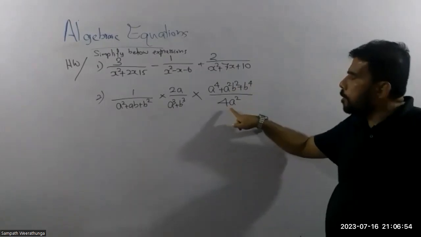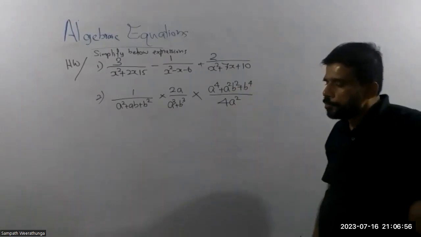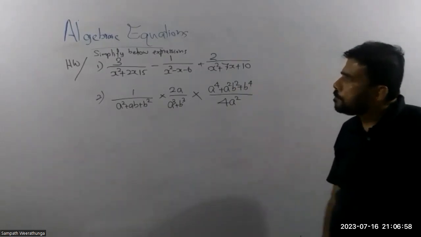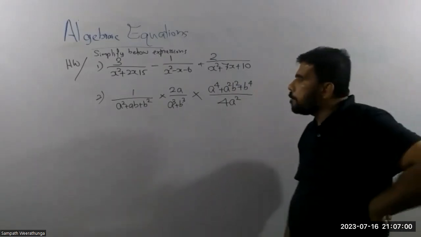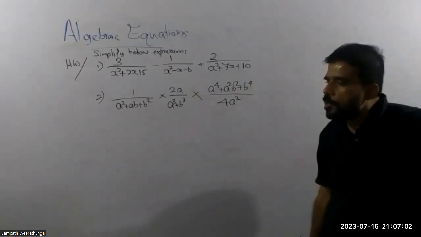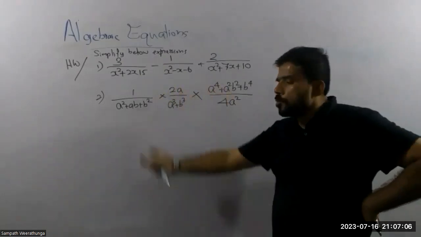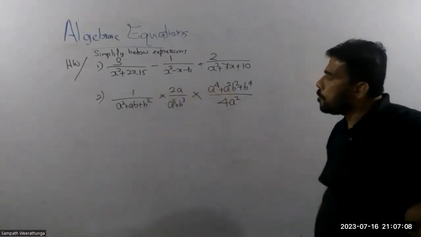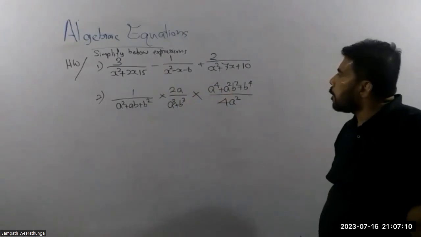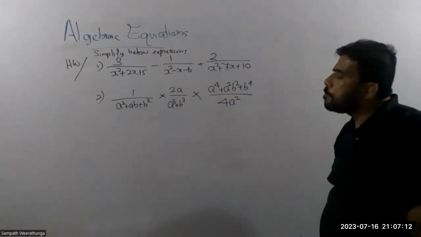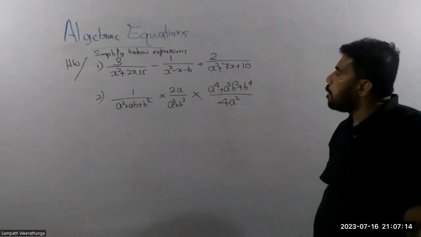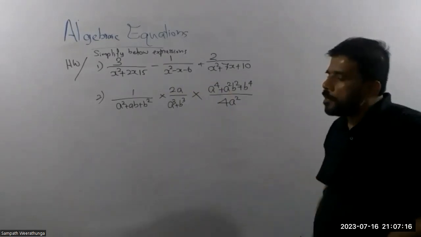Here the denominator is 4a squared. Simplify it. Maybe you have to find a common denominator, you have to factorize, and use whatever theories we learned so far to get the simplest form of these given expressions.